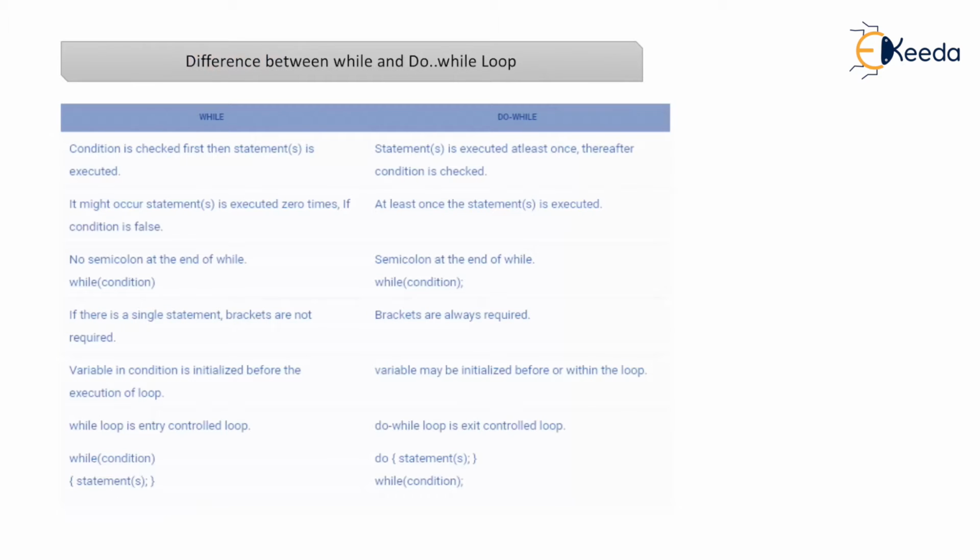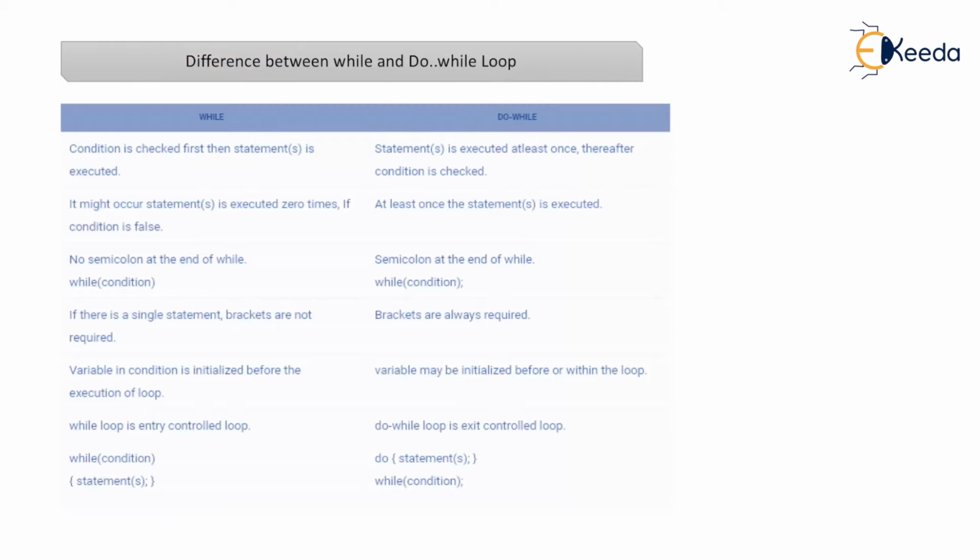Next, a very important question: the difference between while and do while. I have given it in a tabular manner. In while, first the condition is checked, then the statement gets executed.